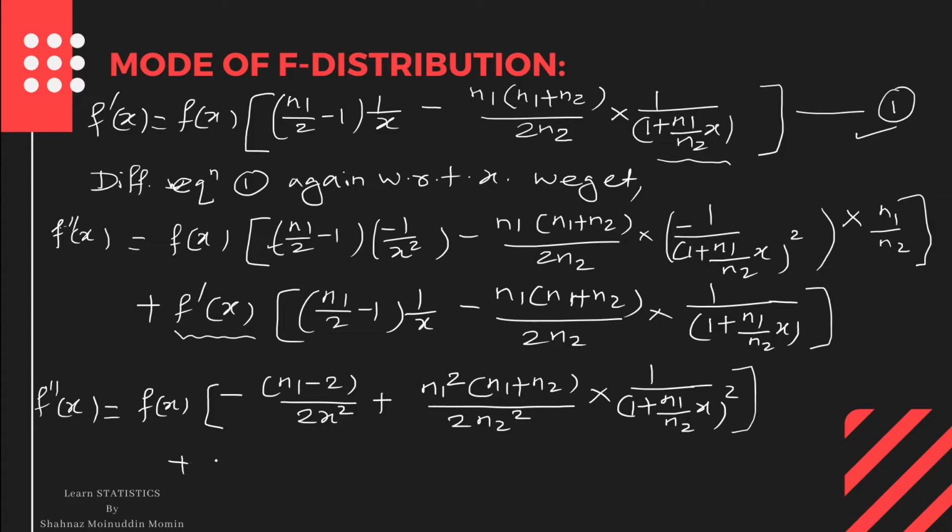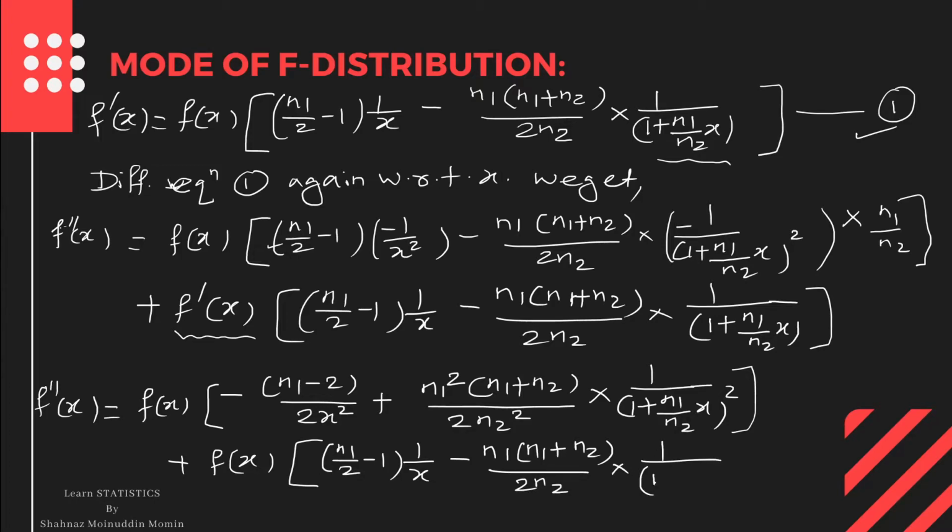Plus the second term is f of x multiplied by n1 upon 2 minus 1 upon x minus n1 plus n2 divided by twice n2 into 1 upon 1 plus n1 upon n2 x, this whole square.